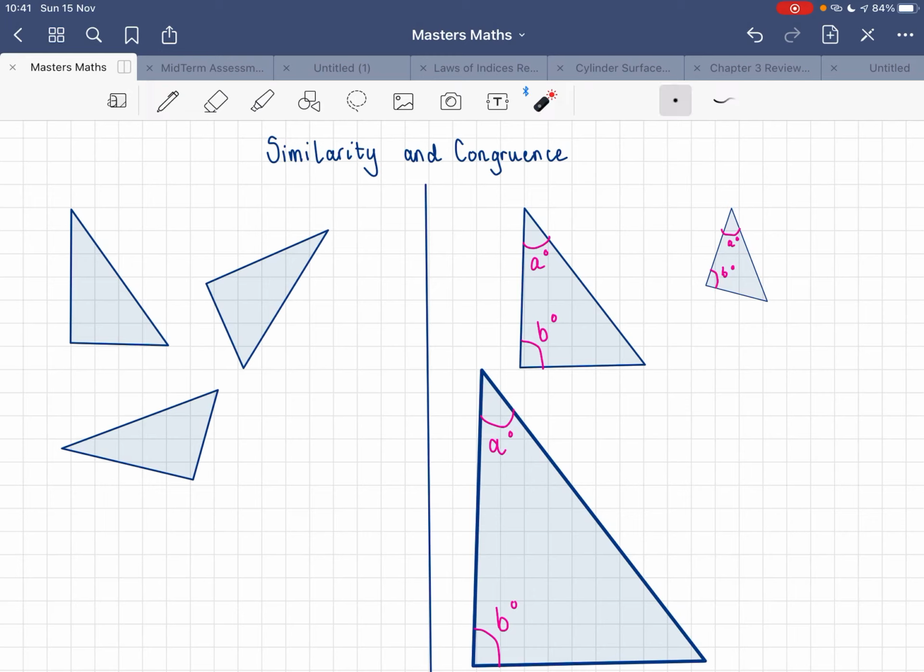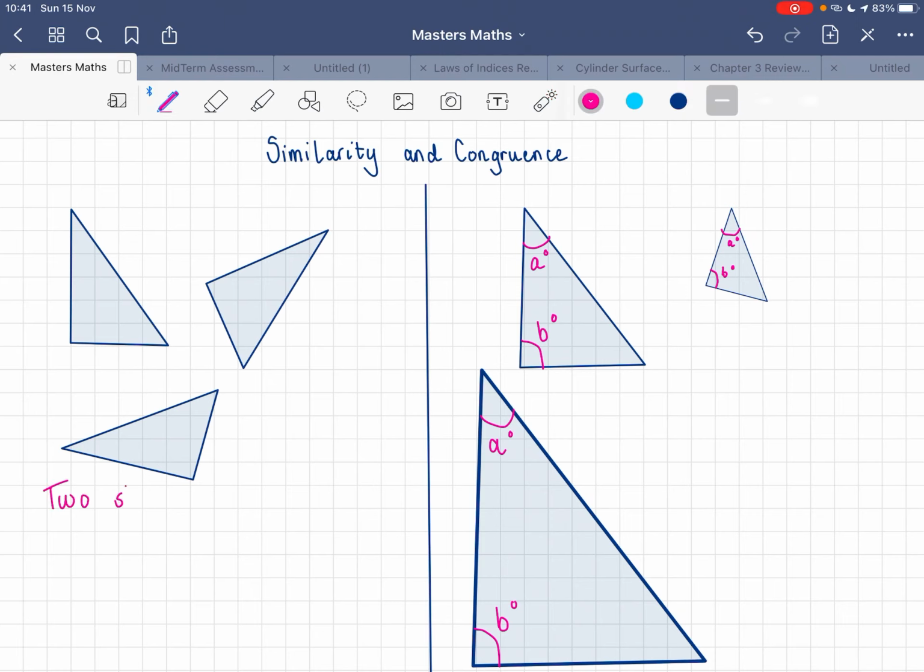We have 3 triangles here that are all exactly the same shape. They've just been turned around a little bit. And that is what congruent means. It means 2 or more shapes are exactly the same shape and size. So I'm going to write that, so if you want to make a note, you can.